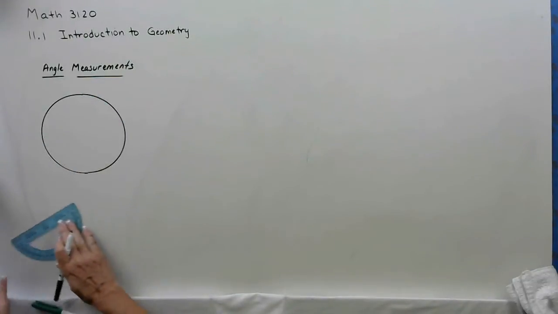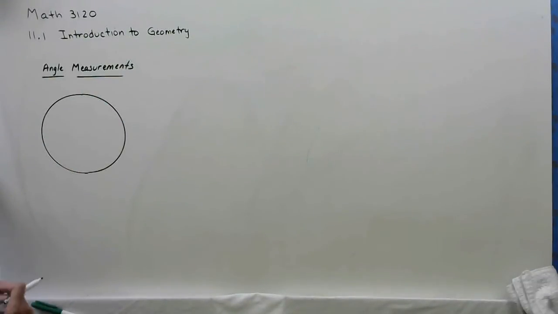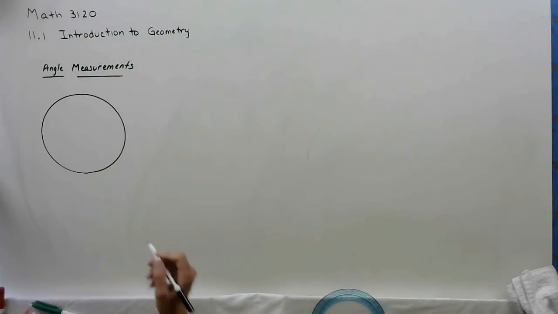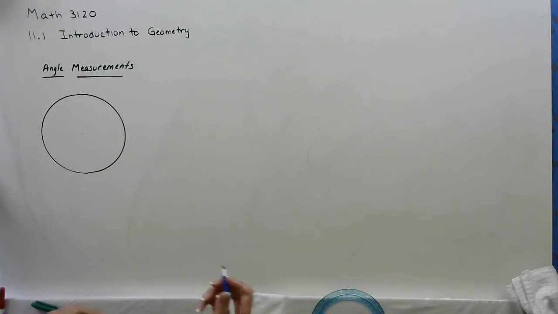All right, that's pretty close. All right, so if we have a circle, and let's look at a little bit of vocab, we have a center of our circle. So we have our interior of our circle, our exterior of a circle. We want to first start with what's called the central angle. And the central angle is an angle whose vertex is at the center.